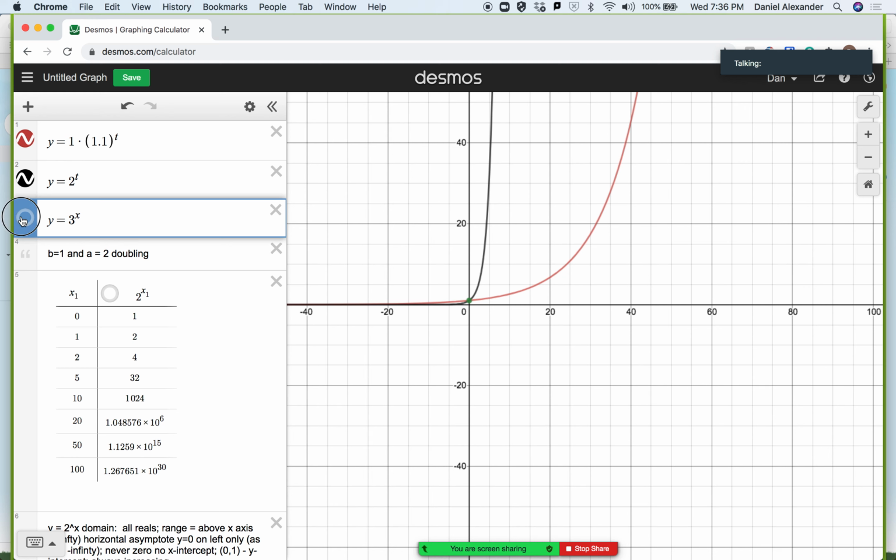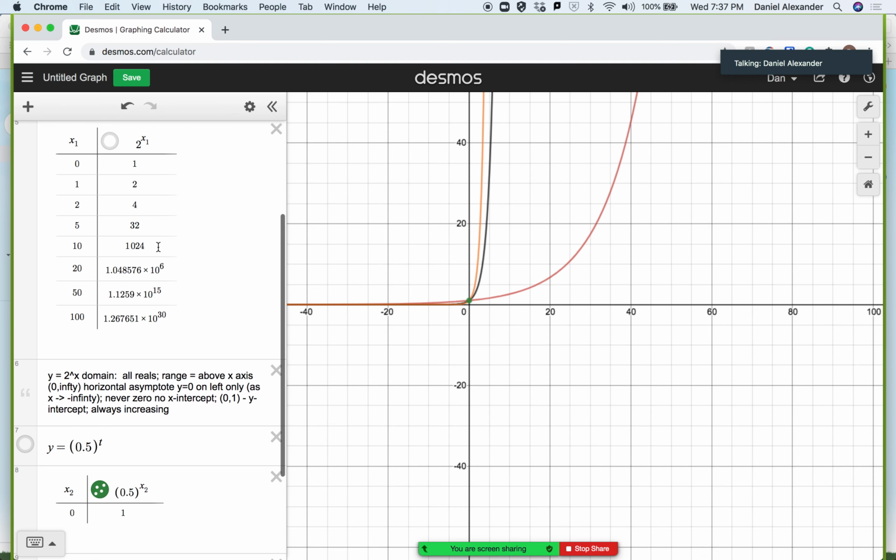See, it's even steeper yet. So you can see what happens to the graphs. As a gets bigger, the graphs get skinnier.